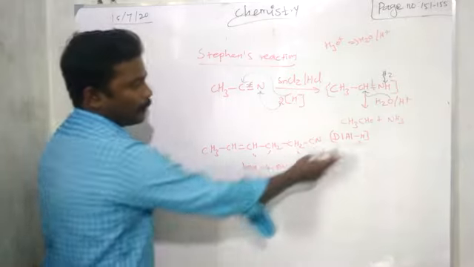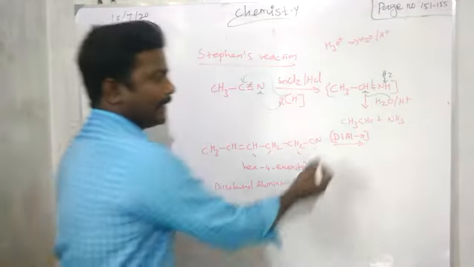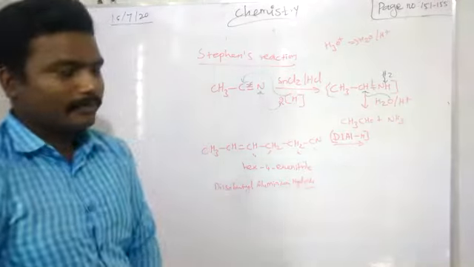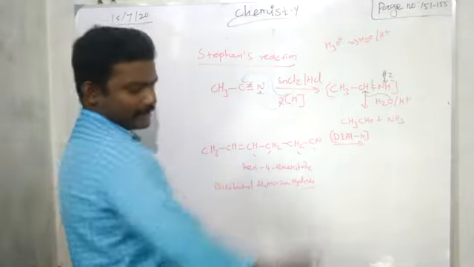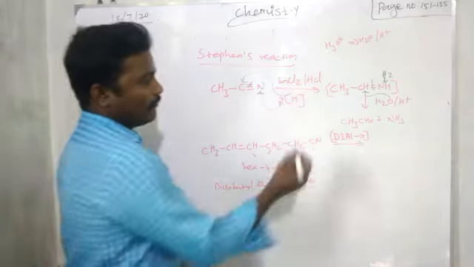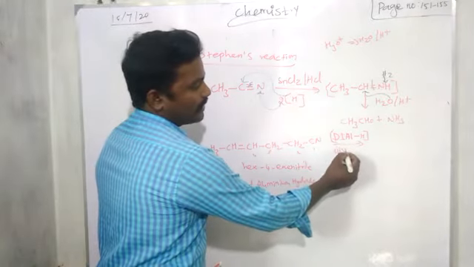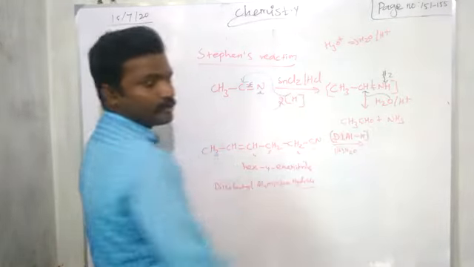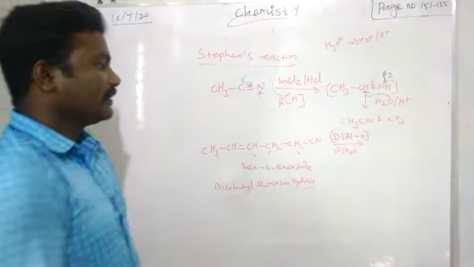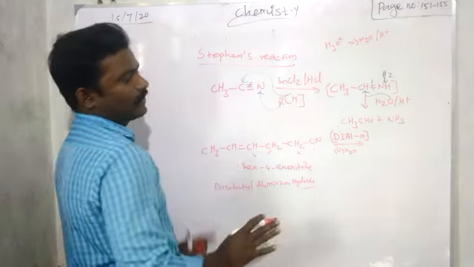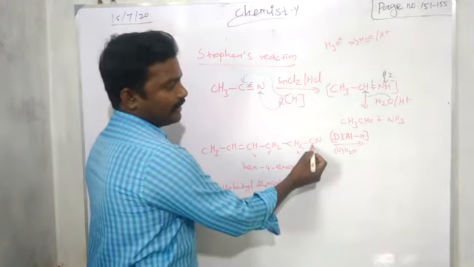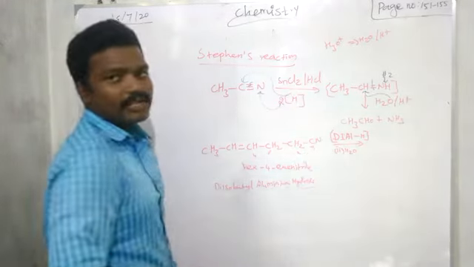The short form is written DIBAL-H. If you use this catalyst, it is followed by hydrolysis also. Here we use hydrolysis in the same way. Then what will happen? As usual, in the same manner, only here we will get a CHO group.